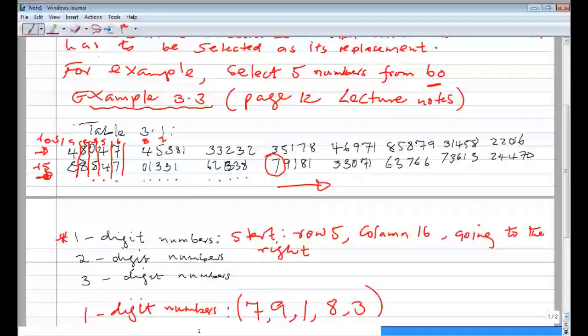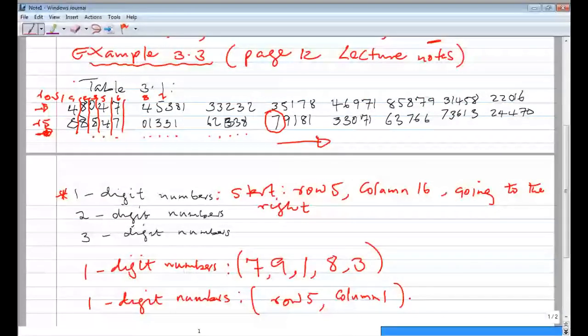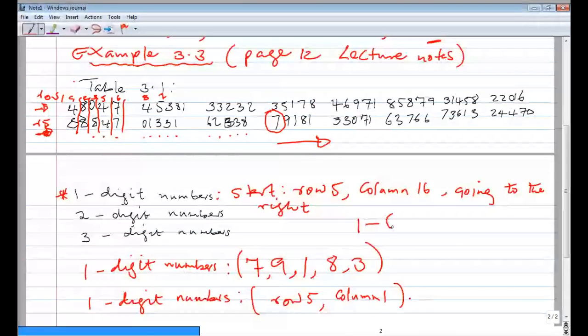We are looking at values, and it's very important, from 1 up to 60. Those are the values that we are going to consider to find 1-digit, 2-digit or 3-digit numbers. The values between 1 and 60, 1 included and 60 included, but the values that are not there are not included.